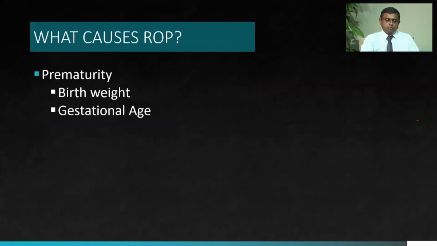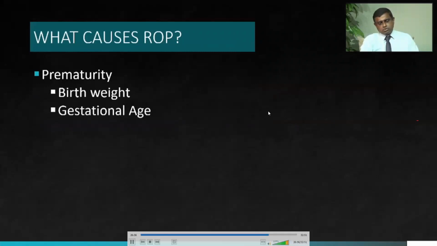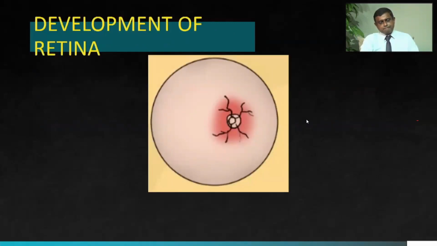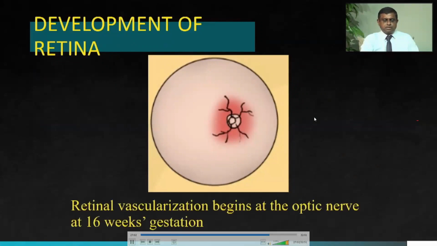So what causes retinopathy in premature babies is the prematurity itself. Prematurity can be defined by birth weight or gestational age. Why it happens is because of the development of the retina. The retina starts developing at the age of 16 weeks of gestation from the optic disc.